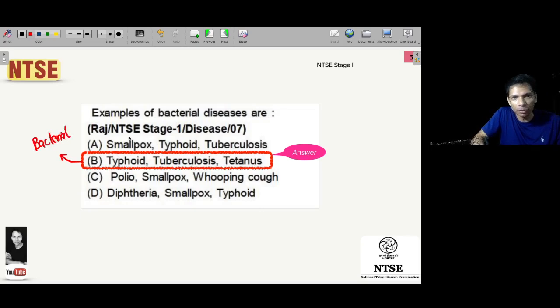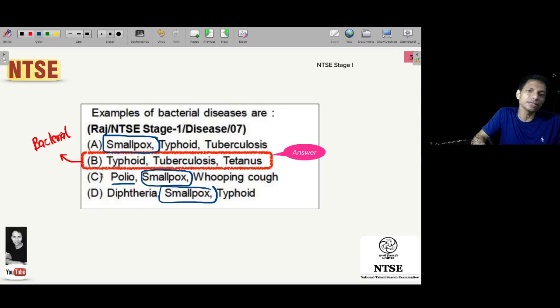If you look at smallpox, it's very easy to answer this question because smallpox is a viral disease. So wherever you have smallpox, you can eliminate that answer choice. Polio is again a viral disease. Okay, right?